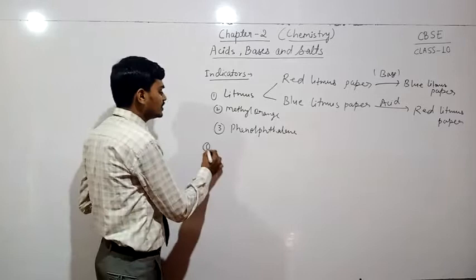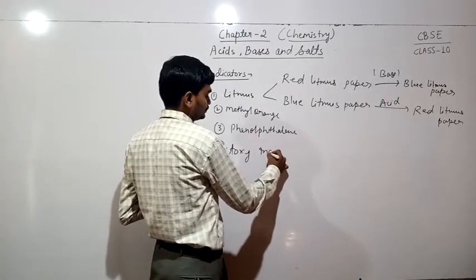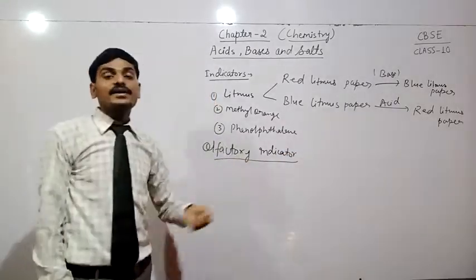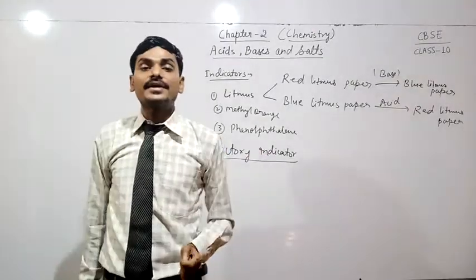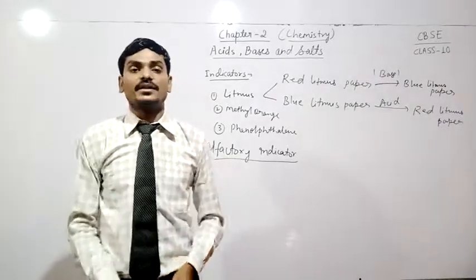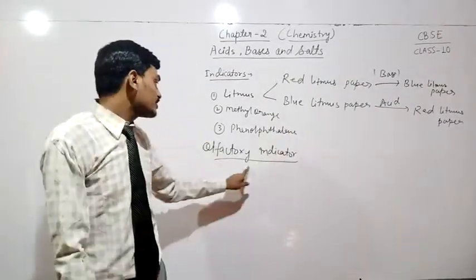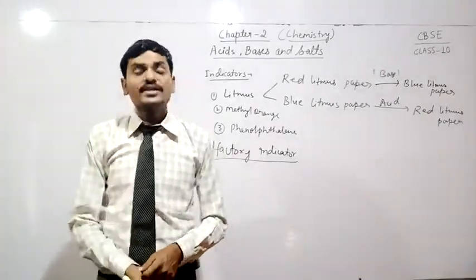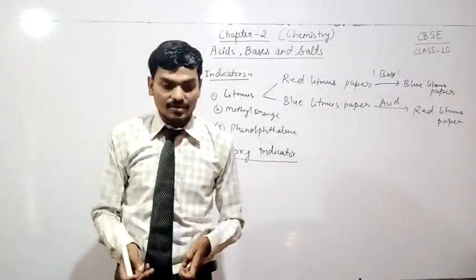One more type is the olfactory indicator. Olfactory means smell. These types of indicators change their smell in the presence of acid or bases.